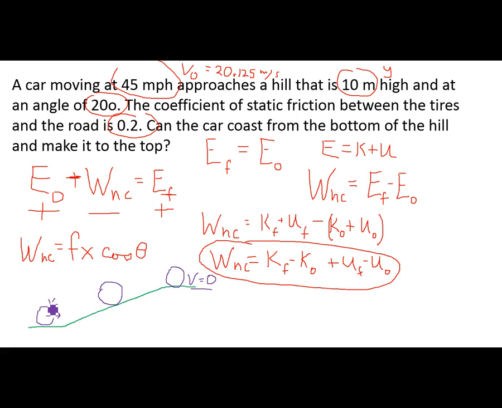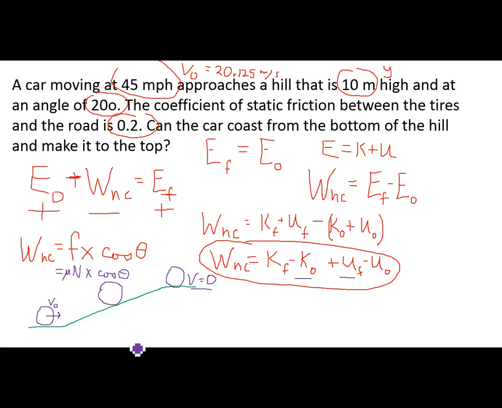We would just equate the kinetic energy at the bottom, K0, to the final potential energy at the top, with no non-conservative work. But we have friction, and friction says the coefficient of friction times the normal force times the distance times the cosine of the angle between the friction force and the distance.